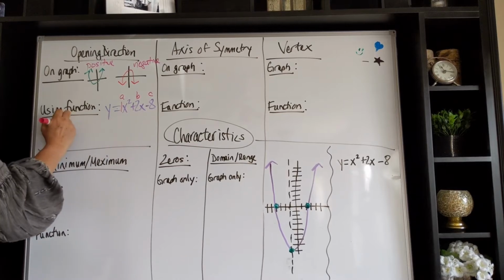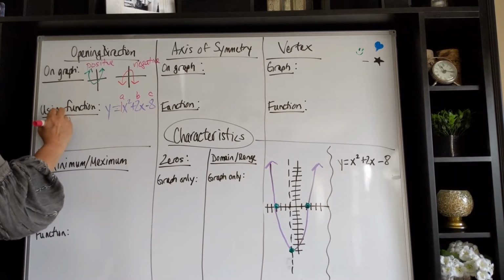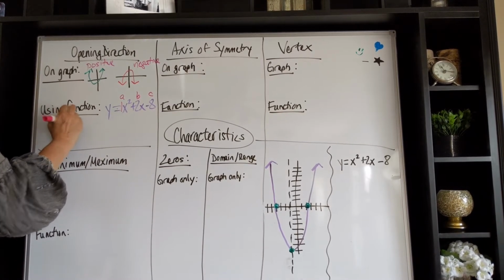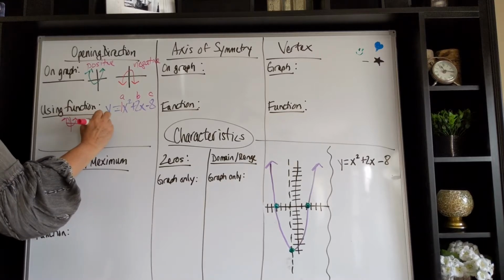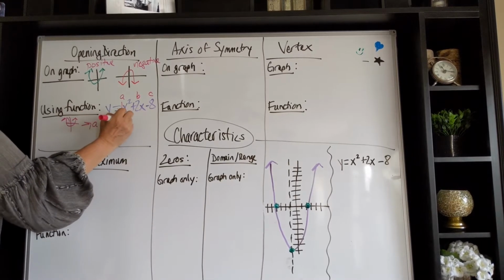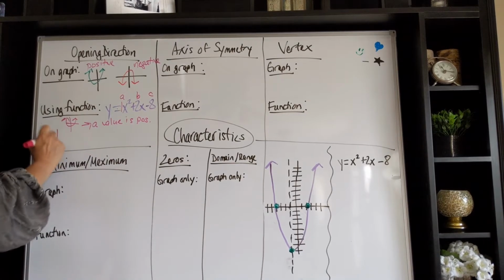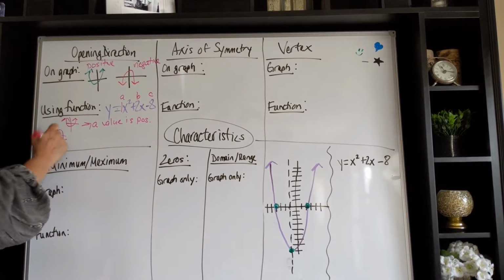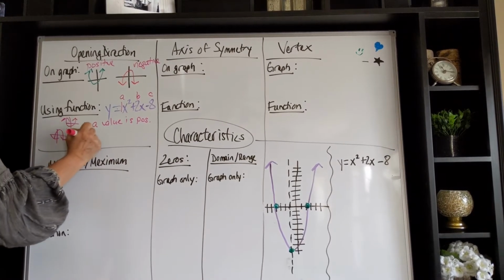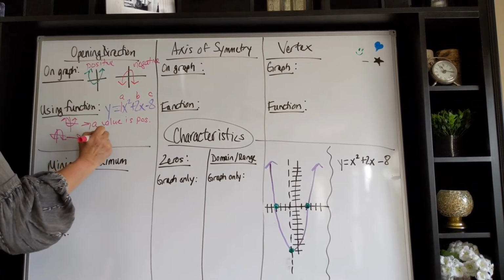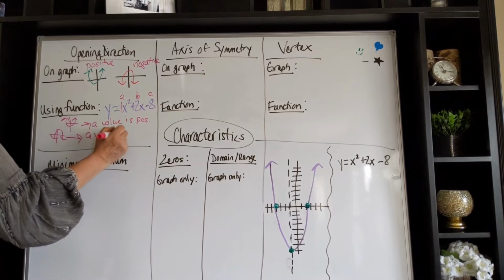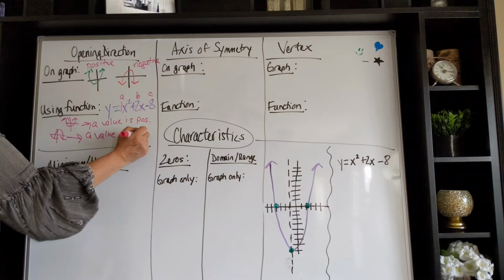I'm going to say, if it opens upwards like this, it means that the A value is positive. If it is opening downwards like this, that tells me that that A value is negative.